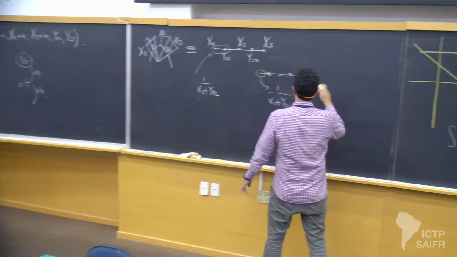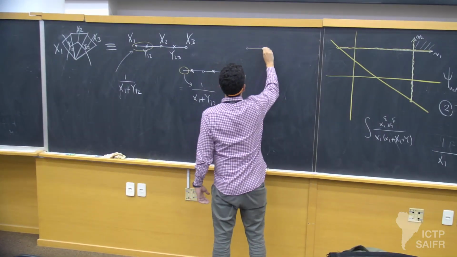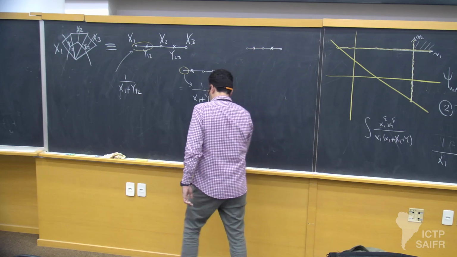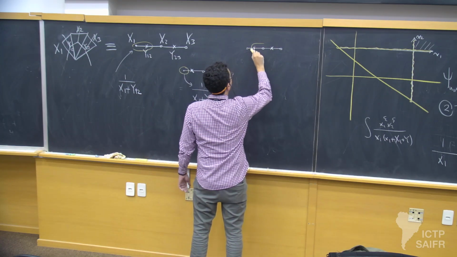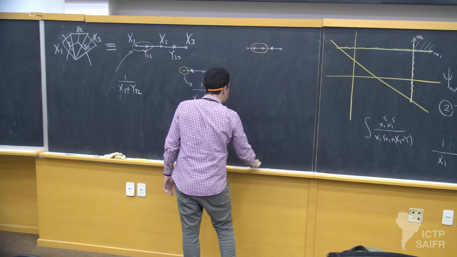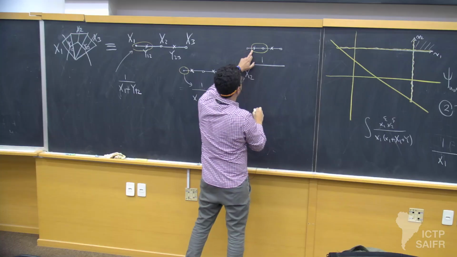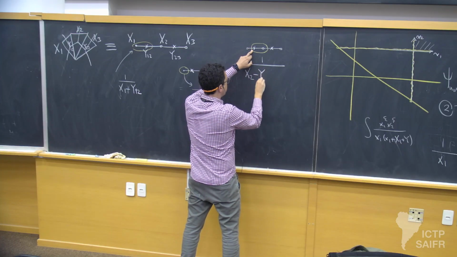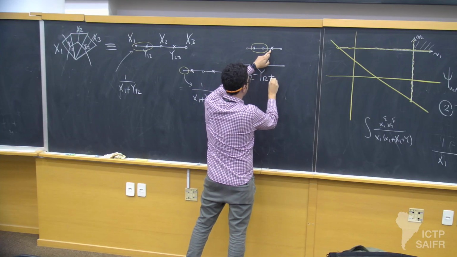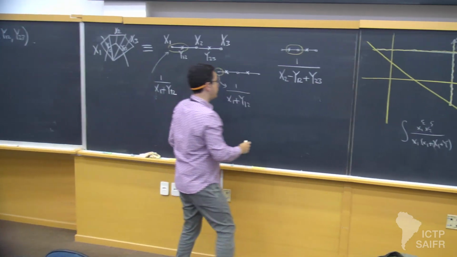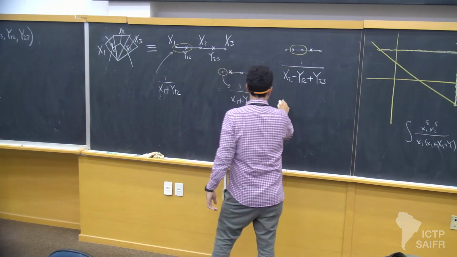Now I do one more example, and then you're going to be specialists. So if I do a tube like so, what is this tube? It's 1 over x2. The y12 comes with a minus, and the y23 comes with a plus. Okay? So very, very clear. One more example.